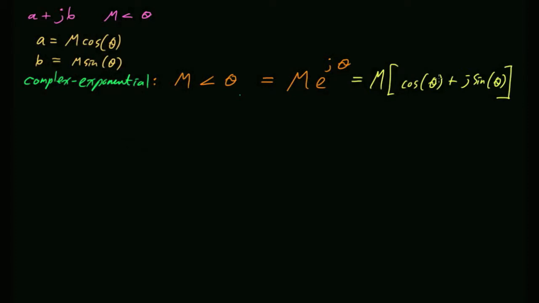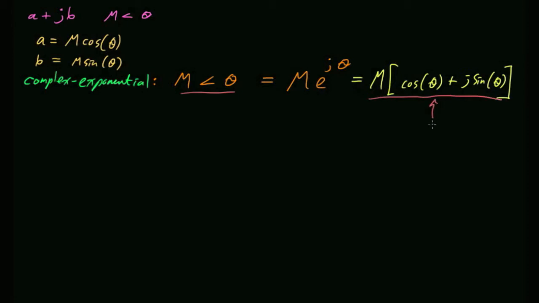So all I'm adding here that you don't already know, so this is a complex number. And if you take that complex number and convert it into rectangular form, what do you get? You get m cos theta plus j m sine theta. So all I'm doing here is going from polar form to rectangular form.